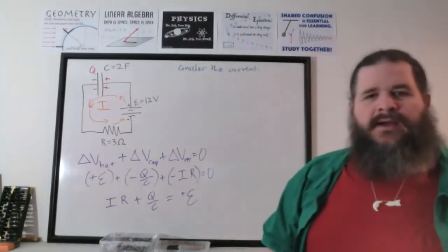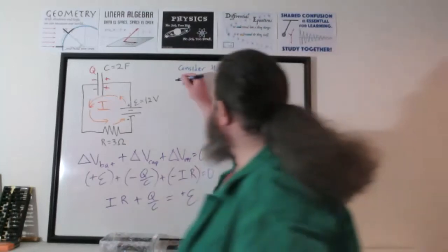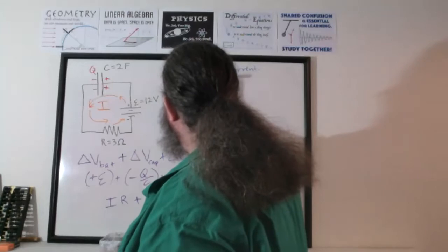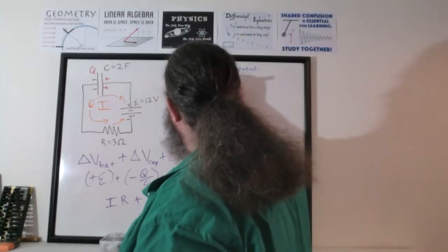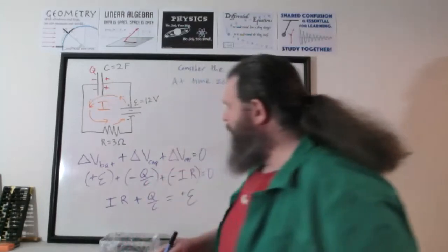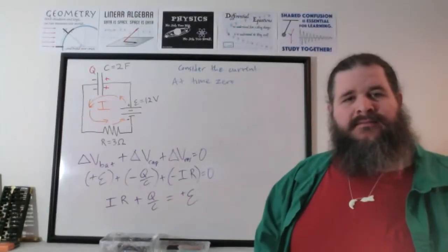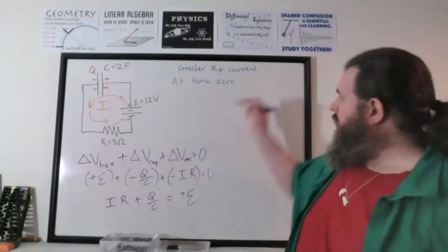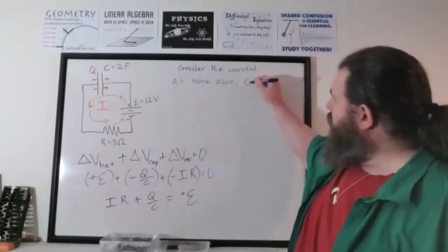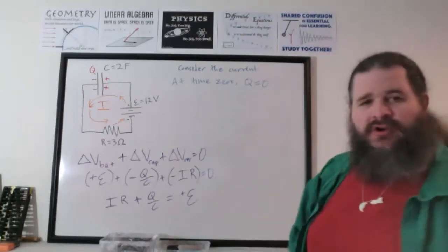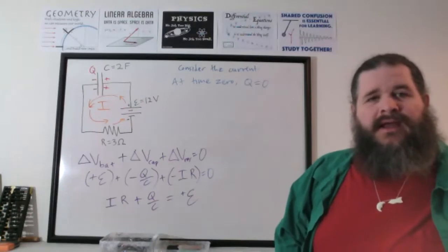So if we're talking about time 0, at the very beginning, how much charge is there on the capacitor? Zero. Right. At time 0, there's no charge. The capacitor is uncharged, in this situation anyway.